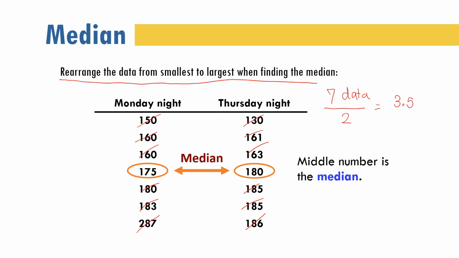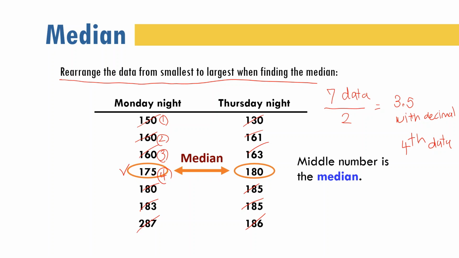So 3.5 is a number with decimals. When you have a number with decimals, you use the next order, which is the 4th data. If you count, this is number 1, 2, 3, and 4. So you get the 4th data as the median.